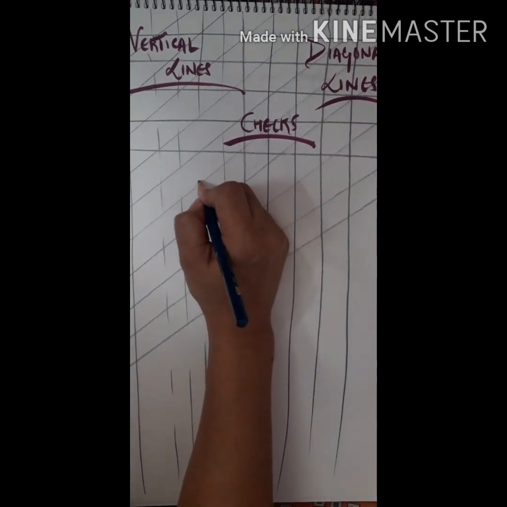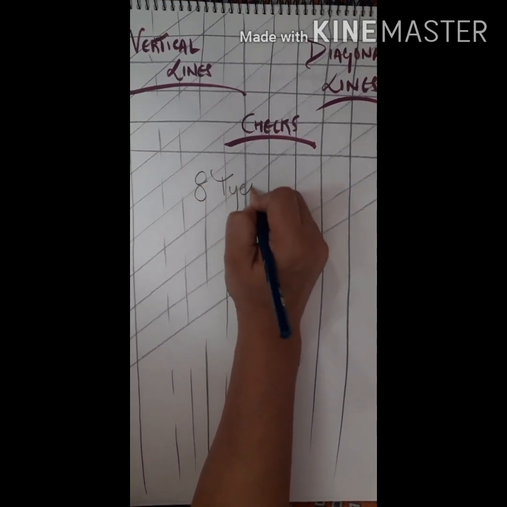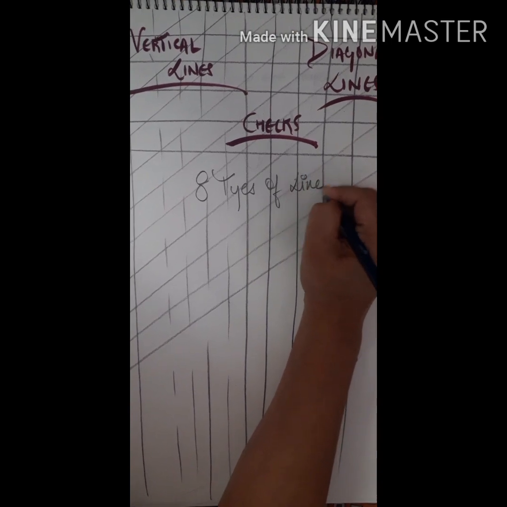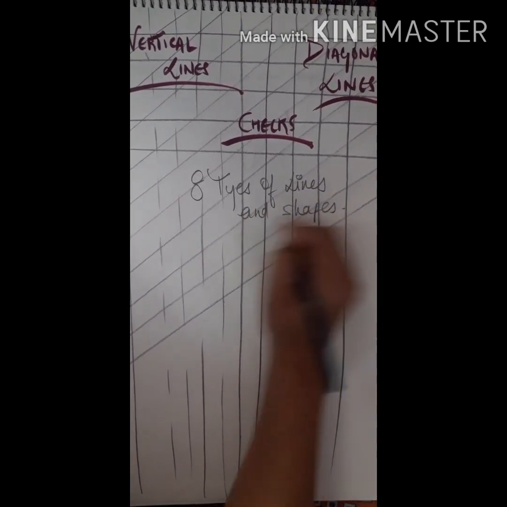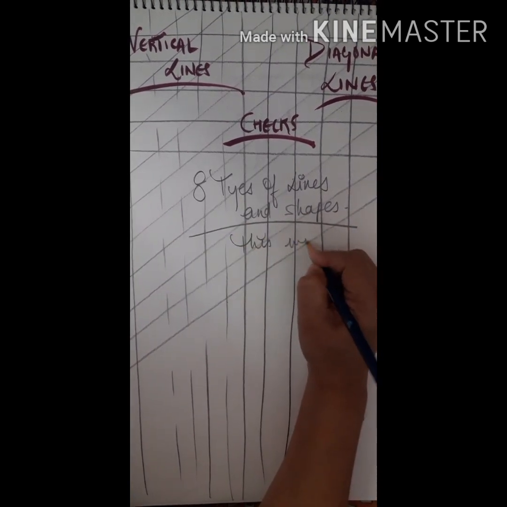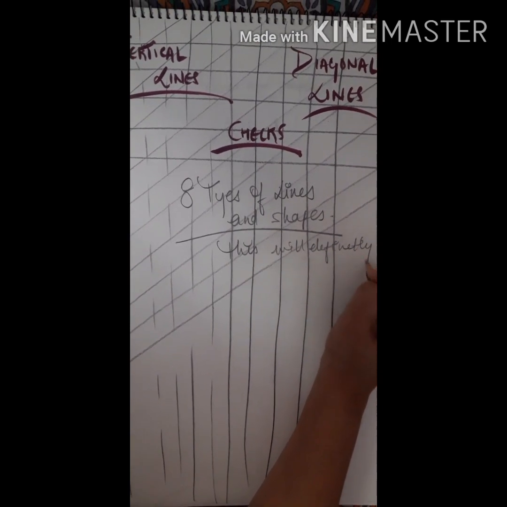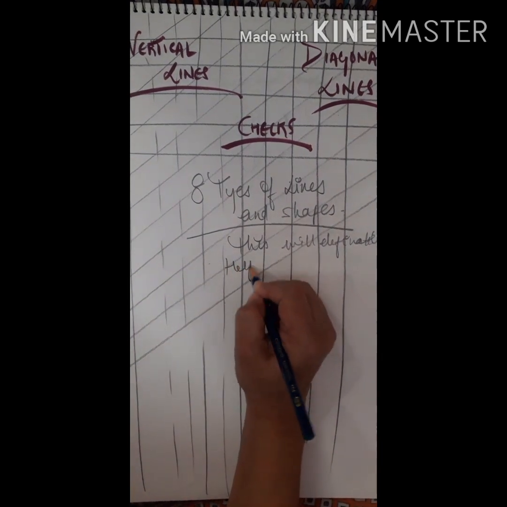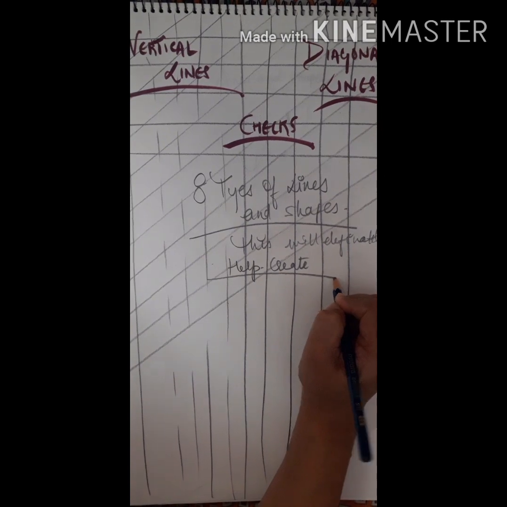These are around 8 types of lines and shapes. This will definitely help you to create something very nice in the near future.